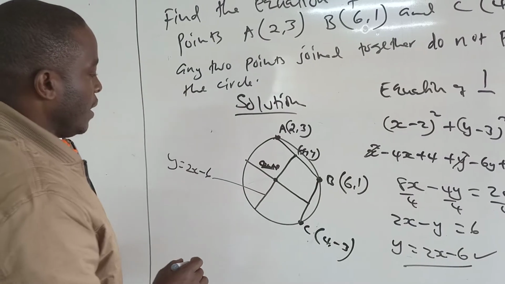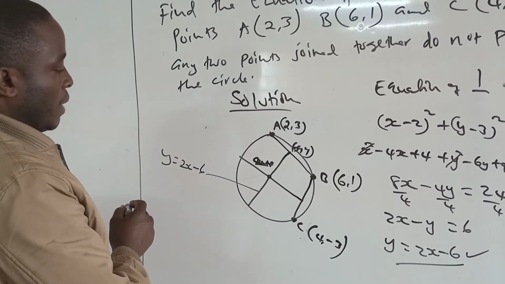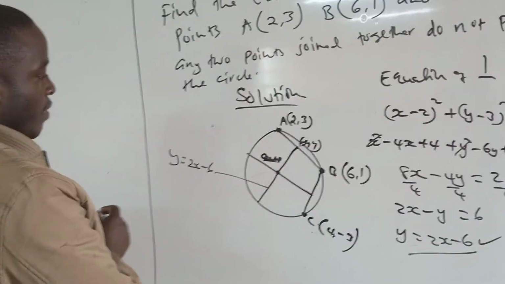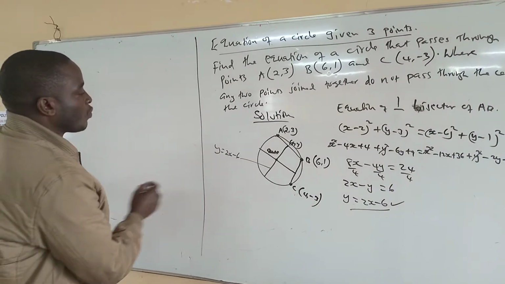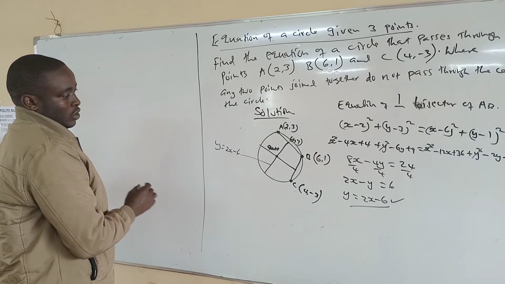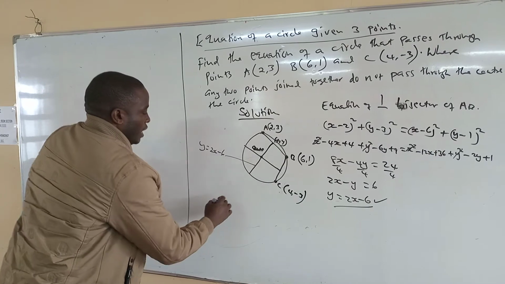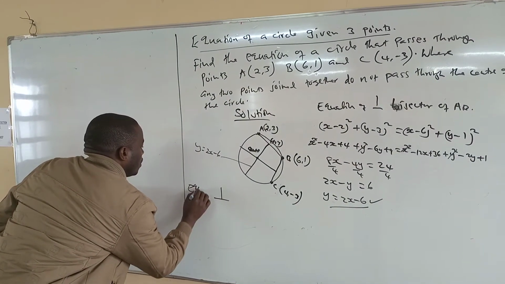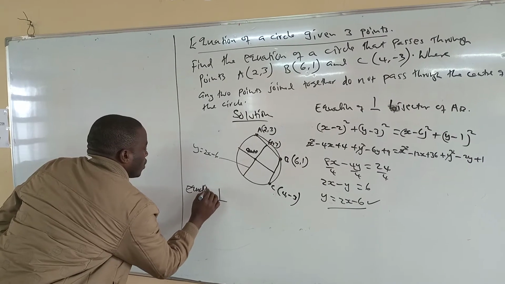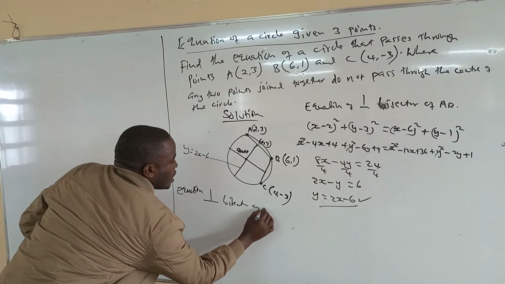You also find the equation of this other perpendicular bisector, so that from there you are able to solve the two simultaneously to find the center. So I need to find the equation of the perpendicular bisector of BC.